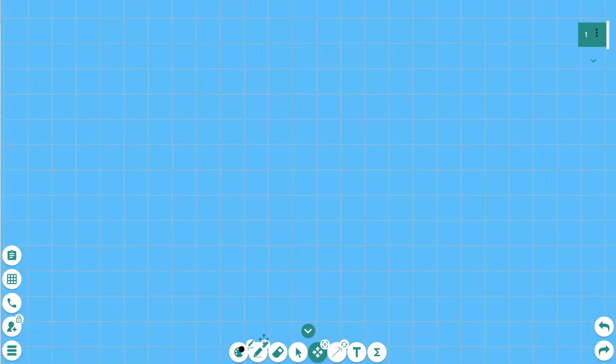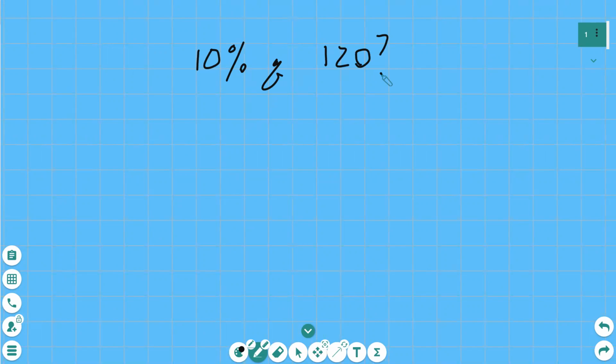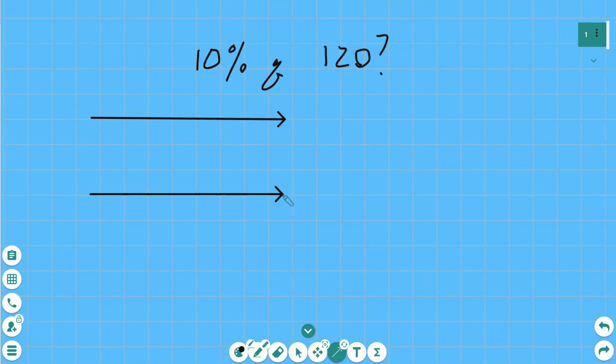I think with maths, it's awfully important just to practice as many exercises as you can. So what about 10% of 120? Question mark. Well, again, we'll do our number line, shall we? There's our percentage number line. There's our number line.